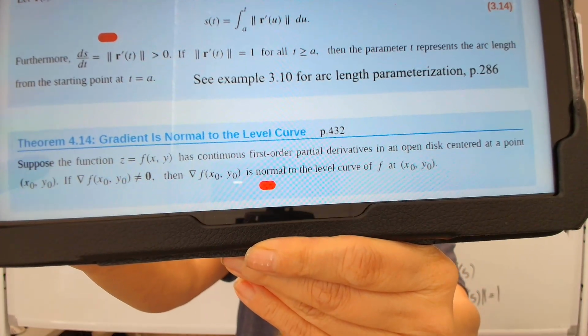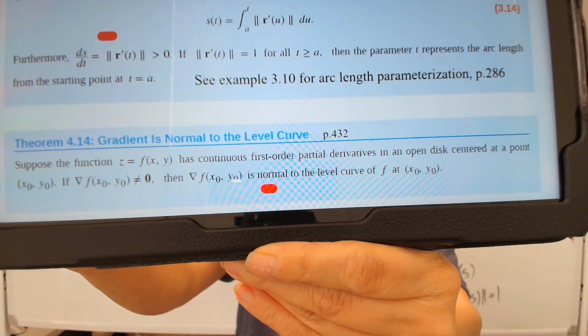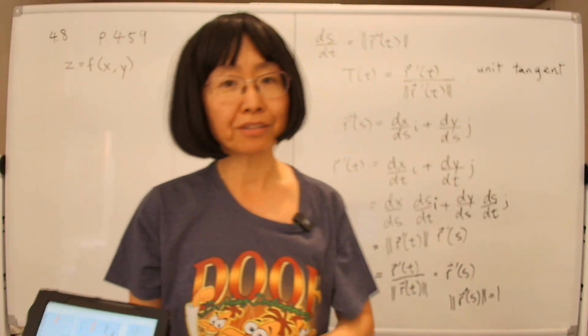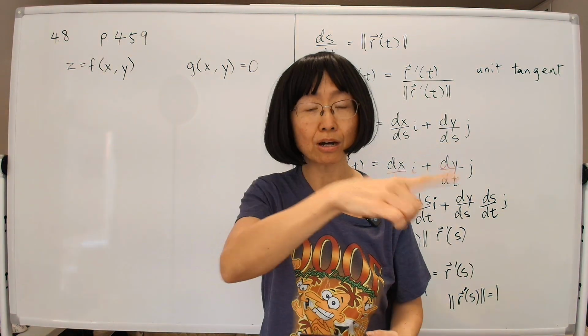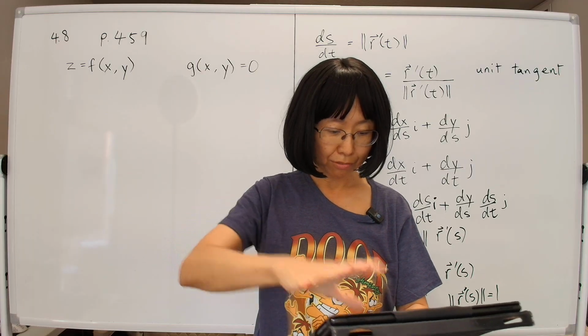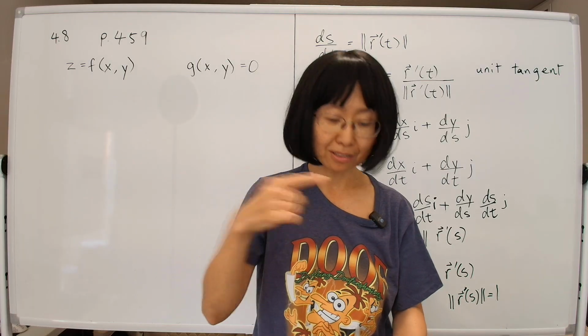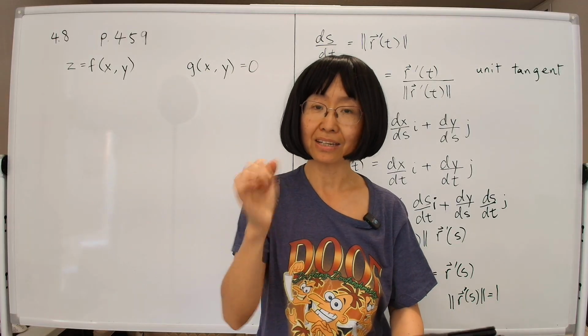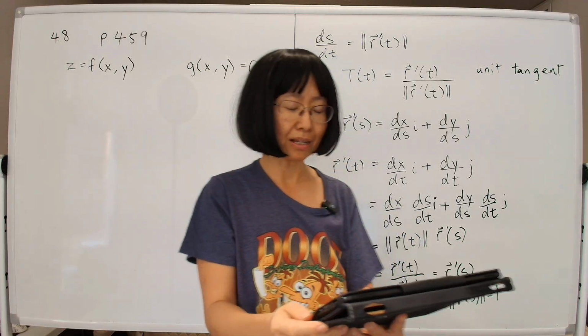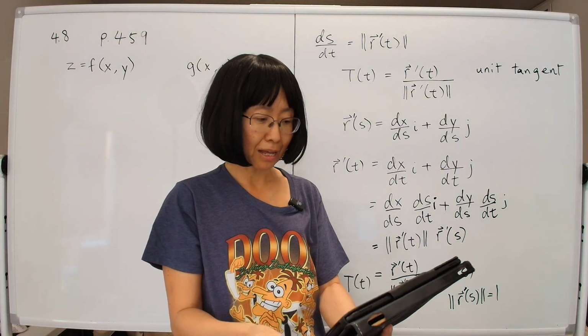That's a theorem that we recently had, but I just want to refresh your memory. The gradient, grad f, is always normal to the level curve, sorry, I should specify, in other words, the contour lines, and we proved that a bit earlier.